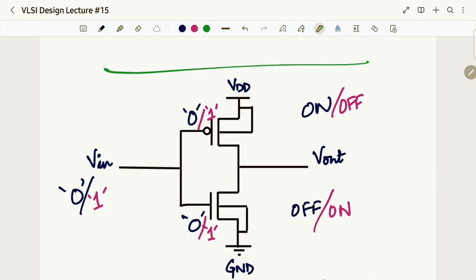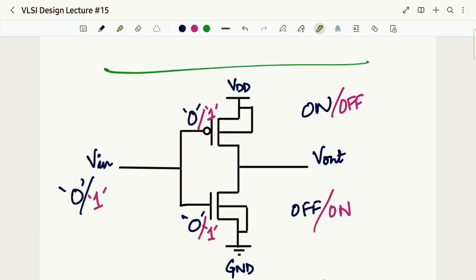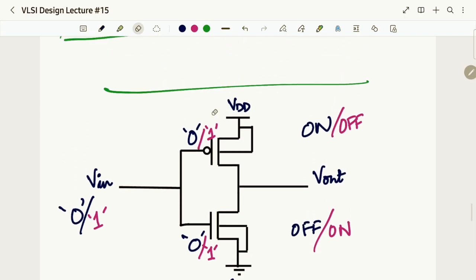Now I have told you PMOS is on, NMOS is off, and for logic 1, PMOS is off, NMOS is on. But what is the output? Let us see the output also, whether it is going to invert or not, and how it is inverting actually. So let us start with logic 0. So at this point, let us take it.